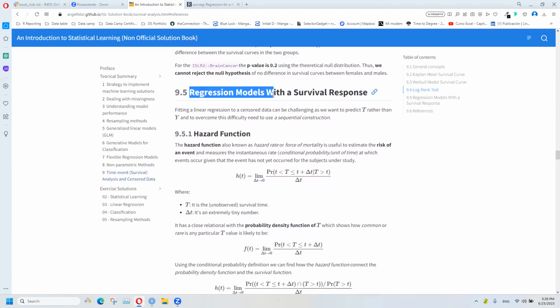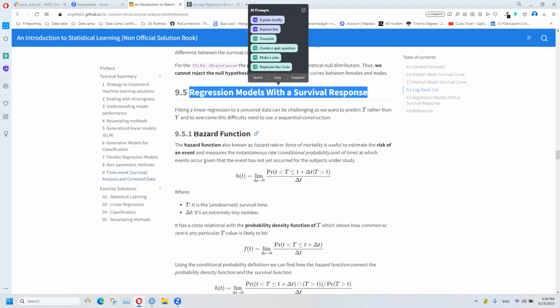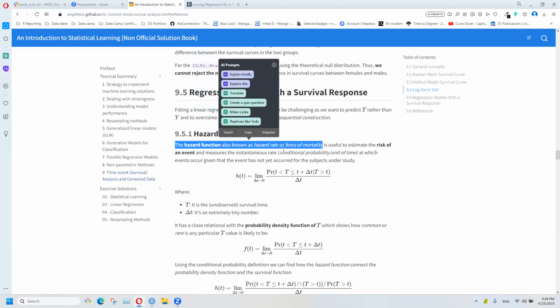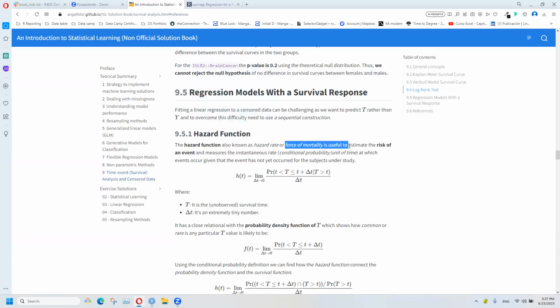So to explain the regression models with the survival response, we first need to understand the hazard function. The hazard function, rate, or force of mortality is a useful estimate of the risk of an event and measures the instantaneous rate. So, the conditional probability per unit of time at which the event occurs, given that the event has not yet occurred in the subject of the study.